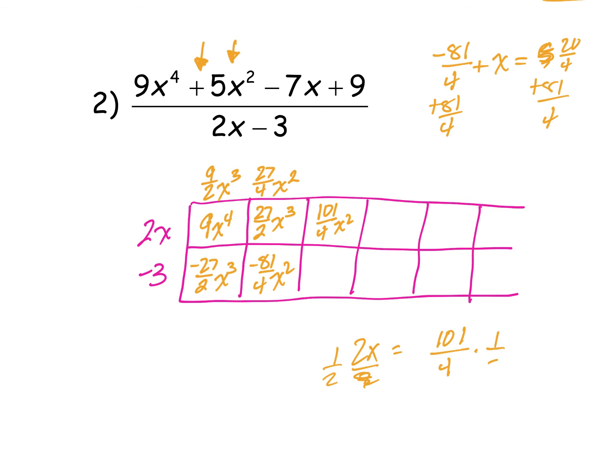So it's 101 eighths x. So negative 3 times 101 eighths. 303 eighths. Close. Negative 303. Oh, that's not a 3.